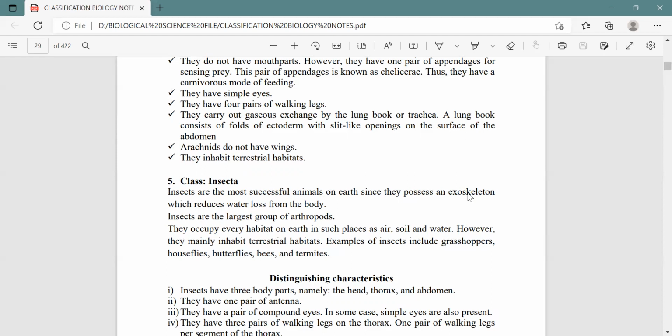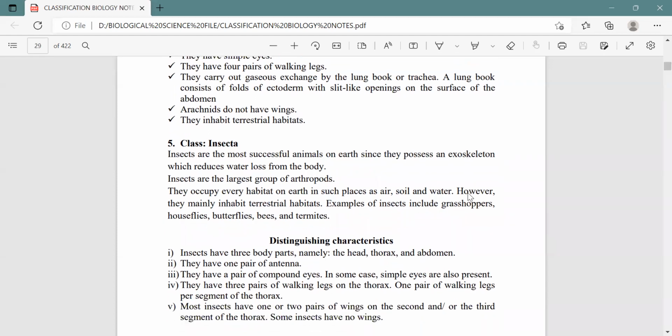Both terrestrial and aquatic habitats, both land and water habitats. Insects are there, and they are the largest group of arthropods. They are not only the most successful group of animals on Earth, but also the largest class among the arthropods.